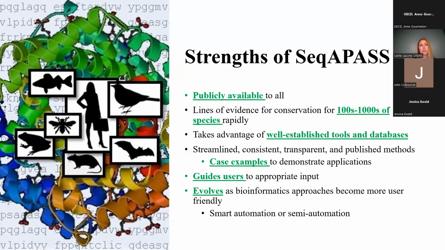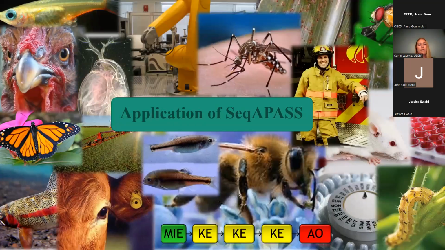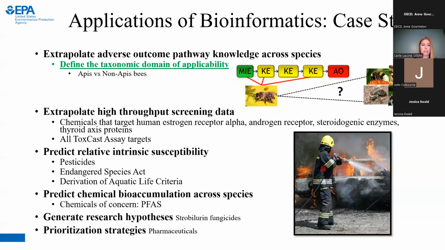Those are the types of approaches that we would like to continue to evolve into the SeqAPASS tool as they become readily available. So as we develop the features of the SeqAPASS tool, we want to demonstrate application of the tool towards where there's specific challenges in environmental toxicology that are brought to us through our agency and through regulatory decision makers.